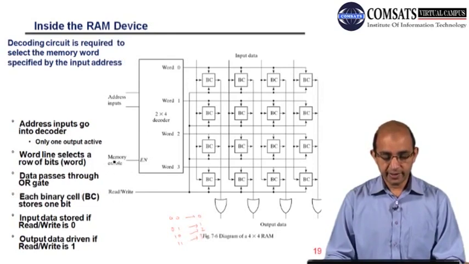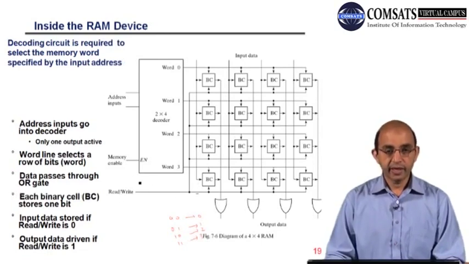This is the control signal, and here we will be applying the address input. Whenever we want word 0 selected, we will be applying 0 0 over here. When we wish to select word 1, we apply 0 1, for 2, 1 0, for 3, 1 1, right? And this is the enable, and this is the read and write.